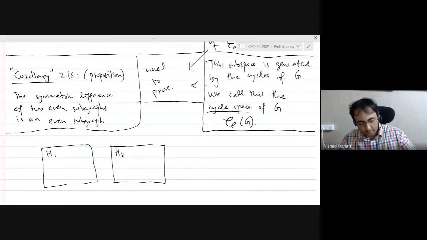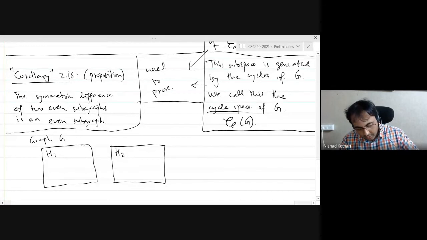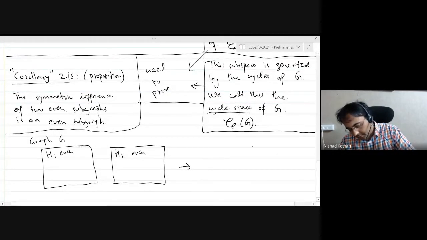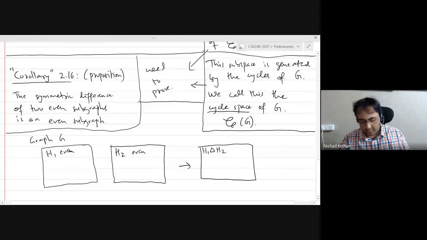Okay, so supposing we have two subgraphs of a graph G. So your graph is G, and H1 and H2 are even subgraphs, and you take the symmetric difference of these. Maybe I will use the notation, I don't want to use plus here, I will use this for symmetric difference.